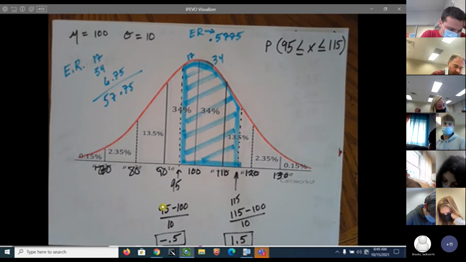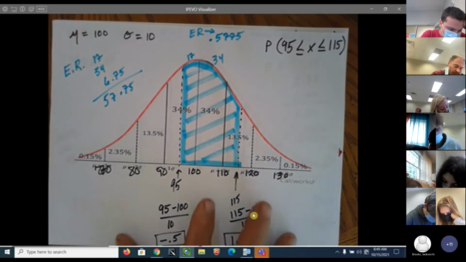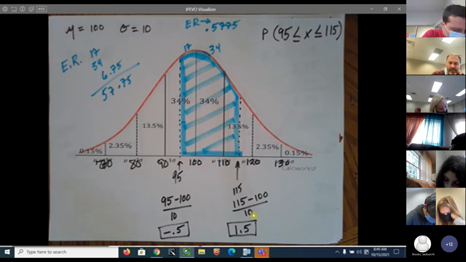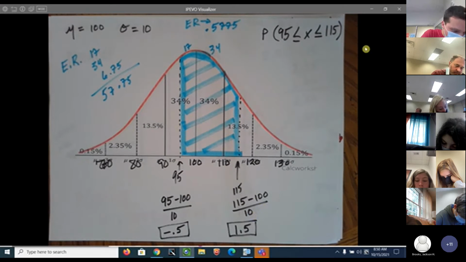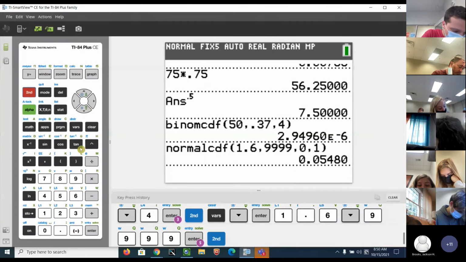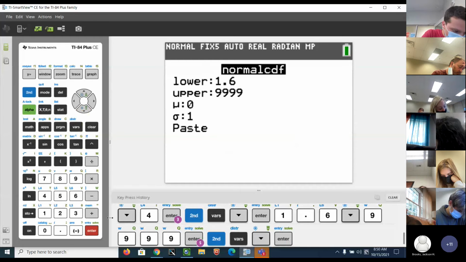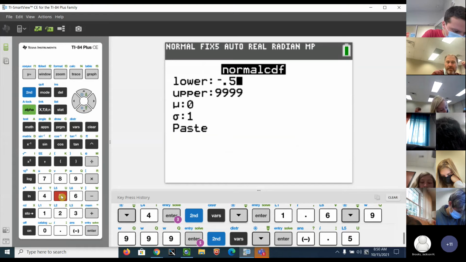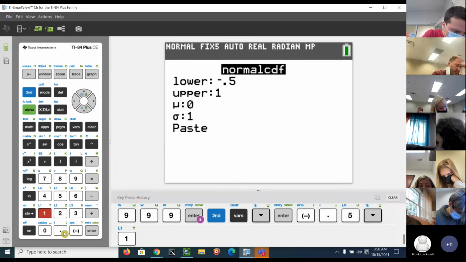So we're going to go to our handy dandy calculator and we're going to do negative 0.5 to 1.5. Second, vars, normal CDF, negative 0.5, use the negative beside the enter, and 1.5.